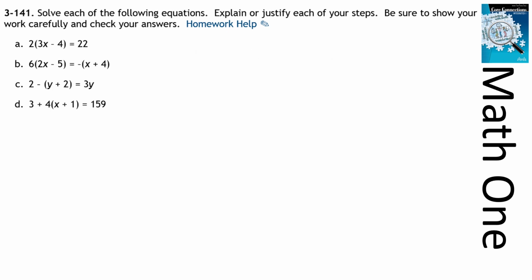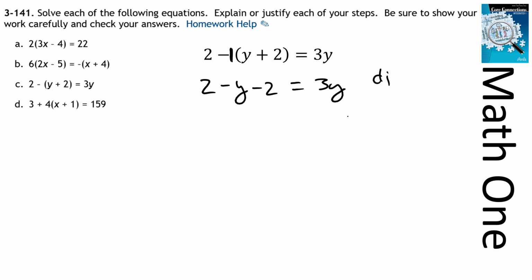For C, we have the equation 2 minus the quantity of y minus 2 equals 3y. Over on the left-hand side, I'm going to go ahead and treat this as a times negative 1. So I'll call this the distributive property, but it's going to be 2 minus y minus 2. So that is equal to 3y.